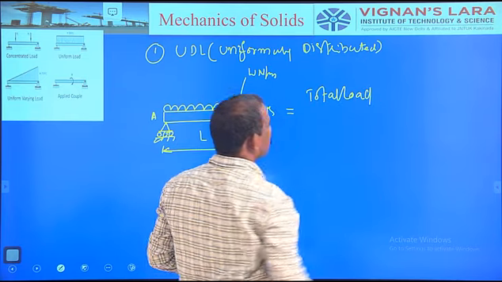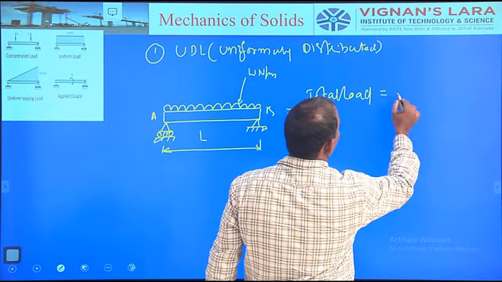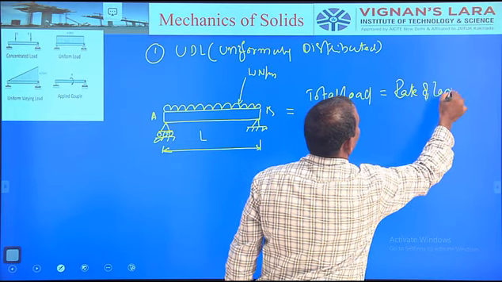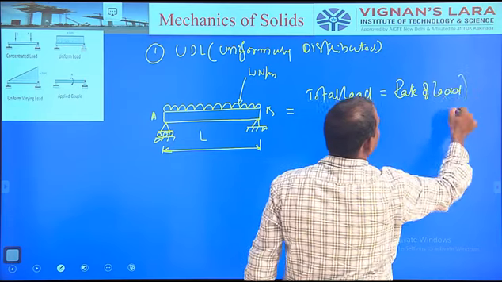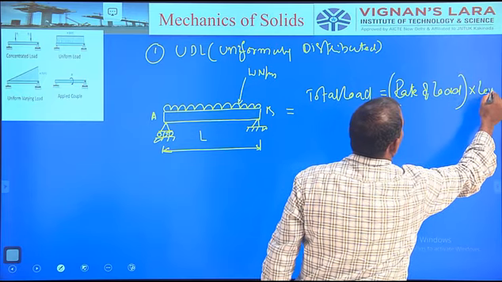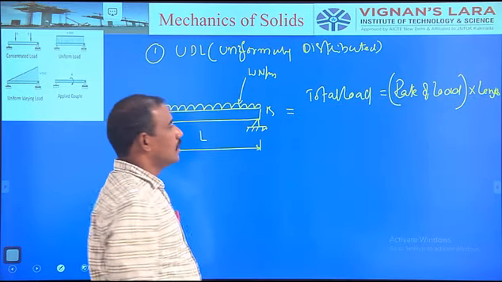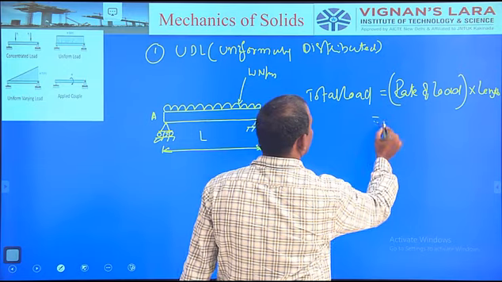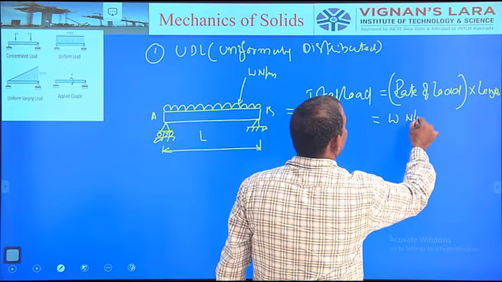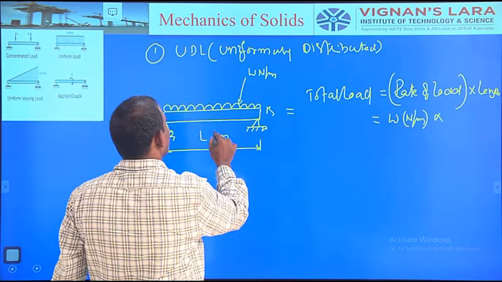What about the total load? The total load is equal to the rate of load into the length or distance over which the load is distributed. Here the rate of load, for example, is W Newton per meter, into whatever the length is, L meters.